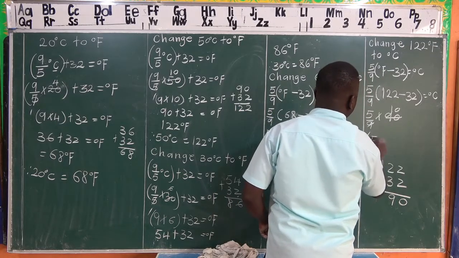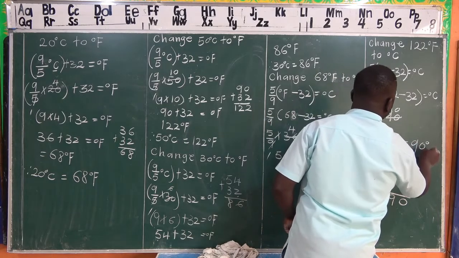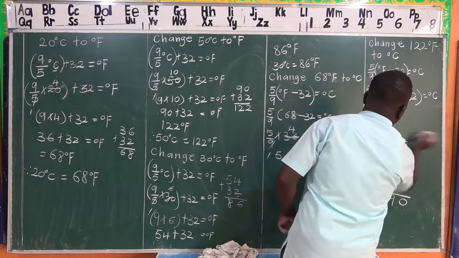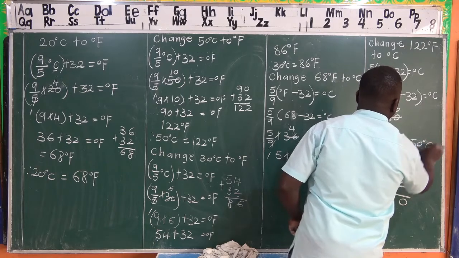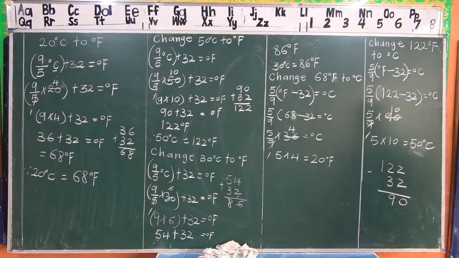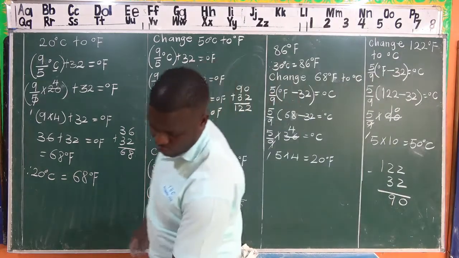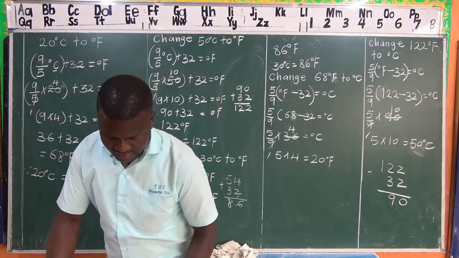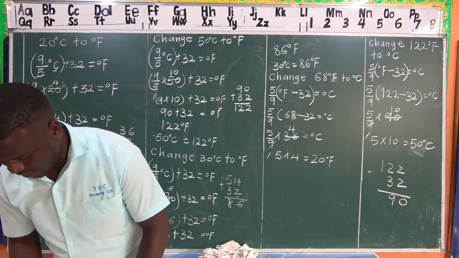Then you come and say 5 times 10, and the answer would be 50 degrees Celsius. So that's how we convert between degrees Celsius and degrees Fahrenheit.